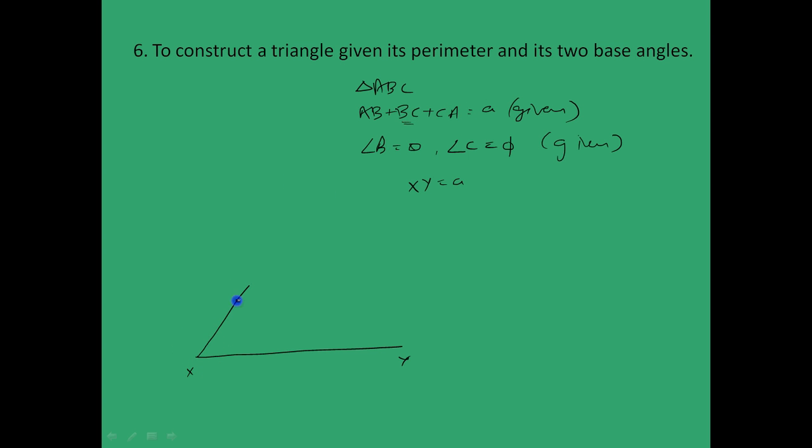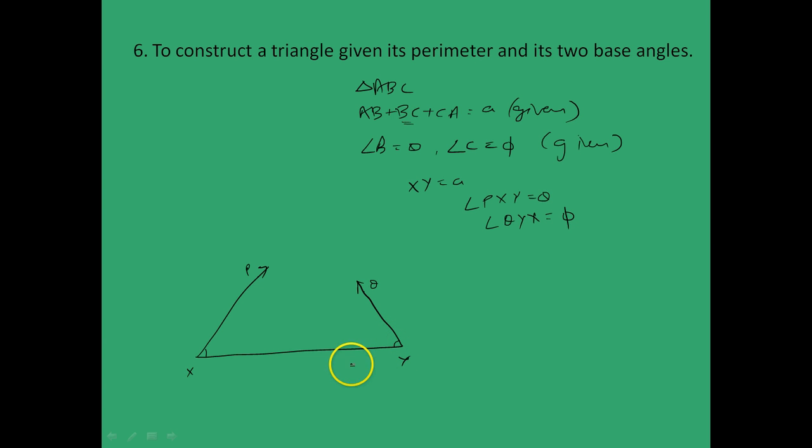So this is a ray, let's call it P, such that angle PXY is equal to theta, and on this side let's call it Q, angle QYX is equal to phi.